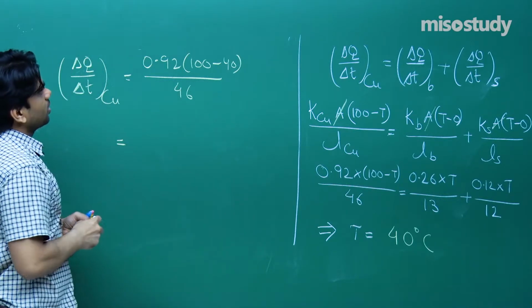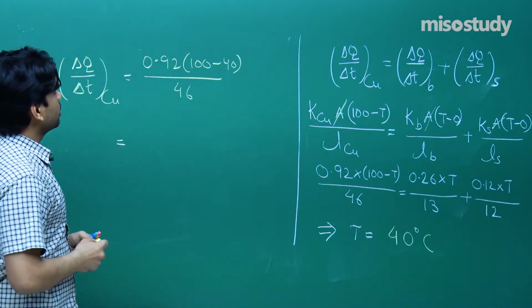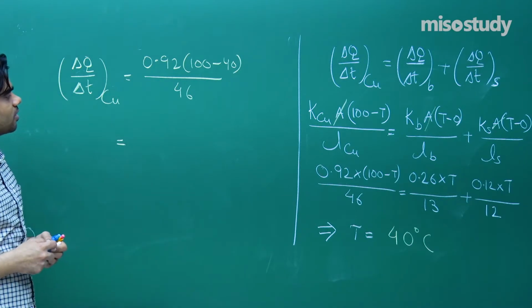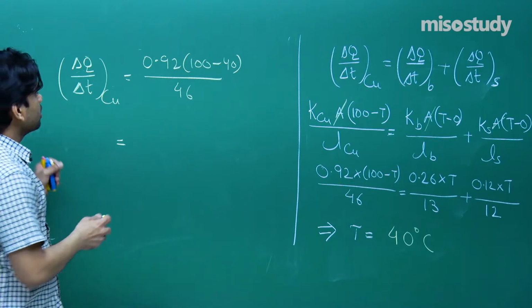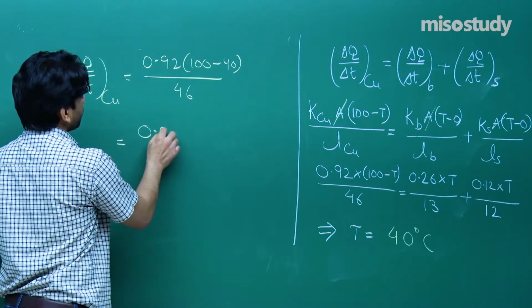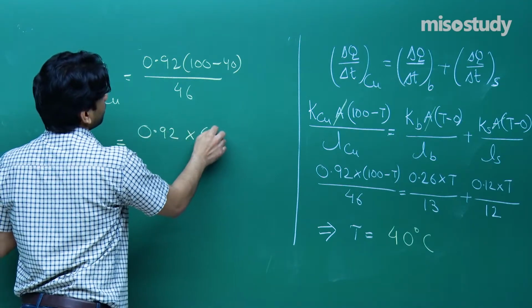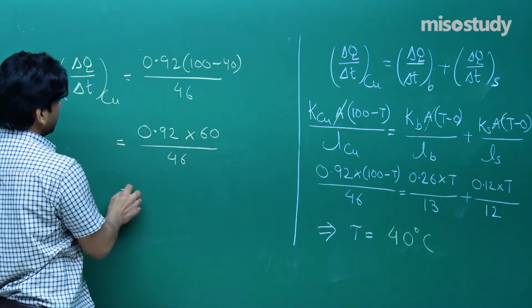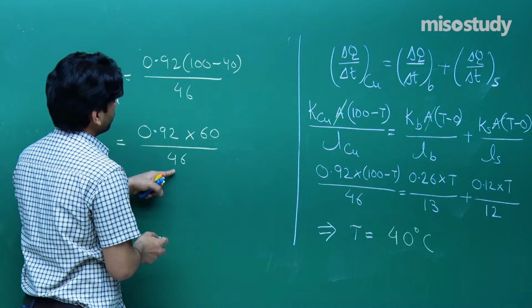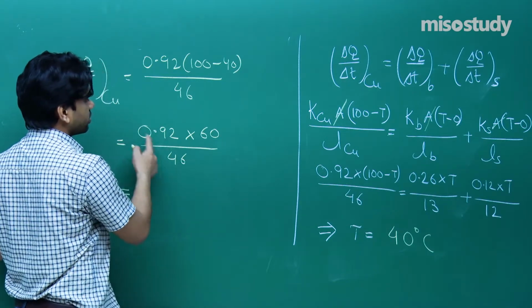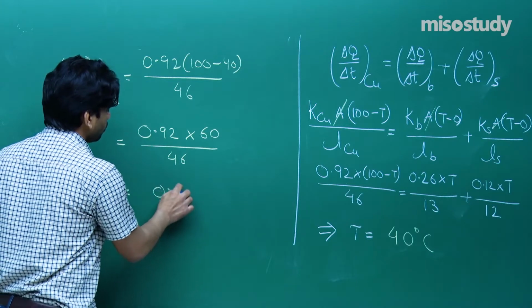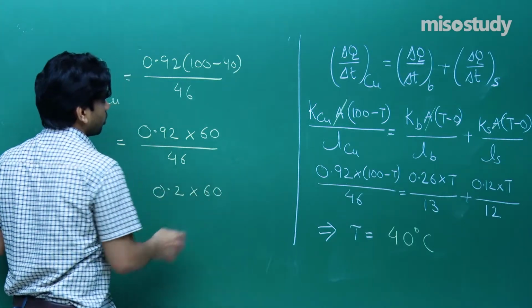See, 46 will go 2 times, so you will be obtaining the answer in proper units. So 0.92 into 60 divided by 46, this will turn out to be 0.02 multiplied with 60, that is what you're going to obtain.